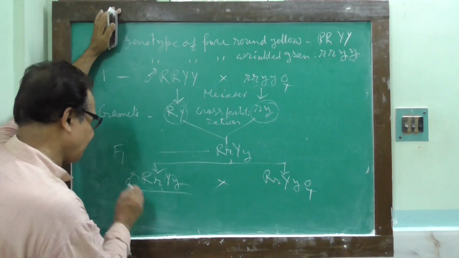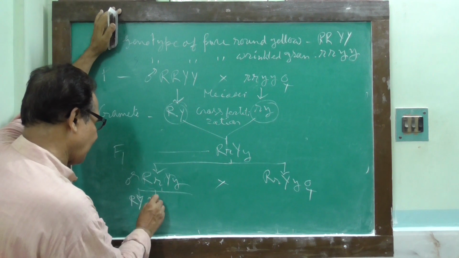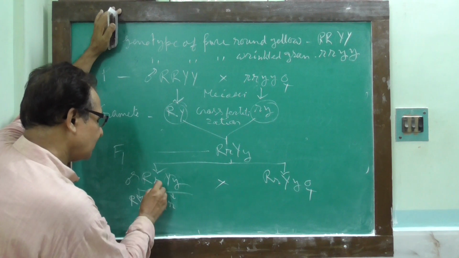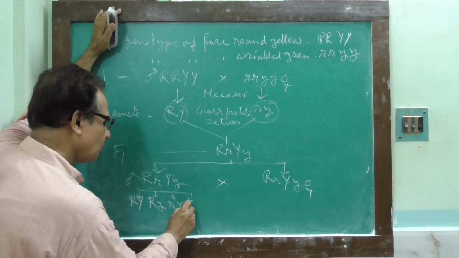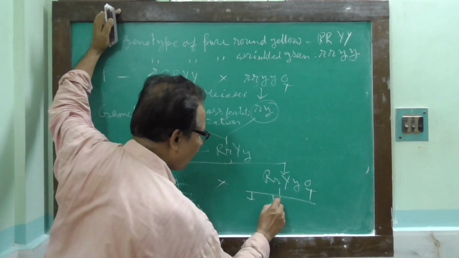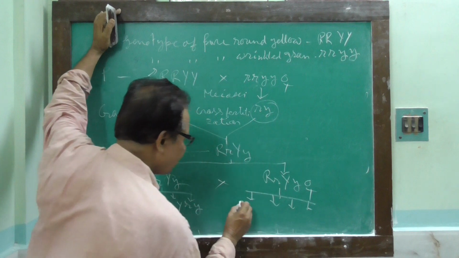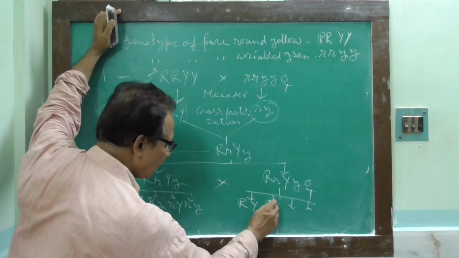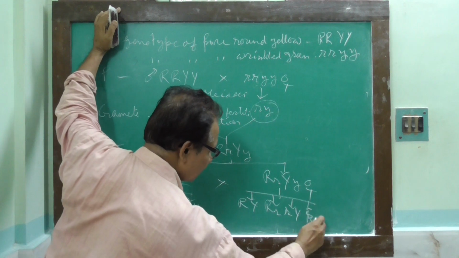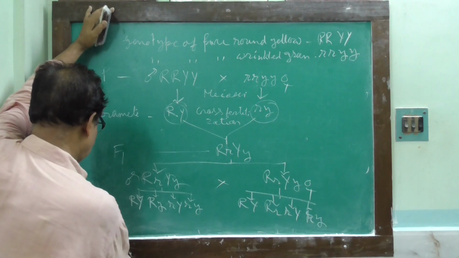So capital R, capital Y. Similarly, capital R, small y, small r, capital Y, small r, small y. Here also the similar four types of gametes: capital R, capital Y, capital R, small y, small r, capital Y, small r, small y.